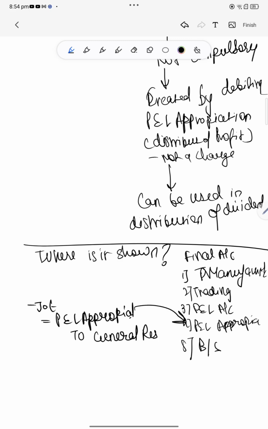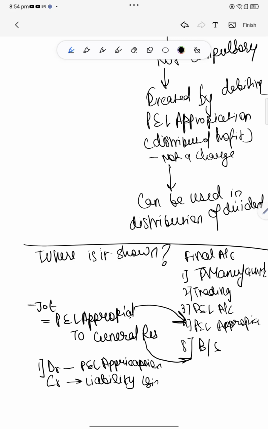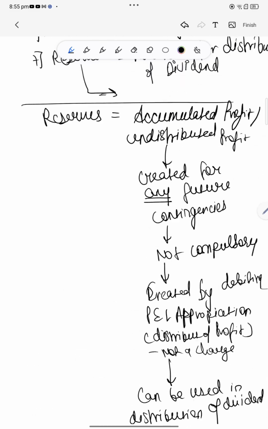General reserve is shown in the liability side of balance sheet. First, debit to P&L appropriation, because reserves are only created when we have profits. After P&L account is made, when we get to know that we have earned the profit, we credit the liability side. And where in the liability side? Addition to capital. So this is all about reserves.